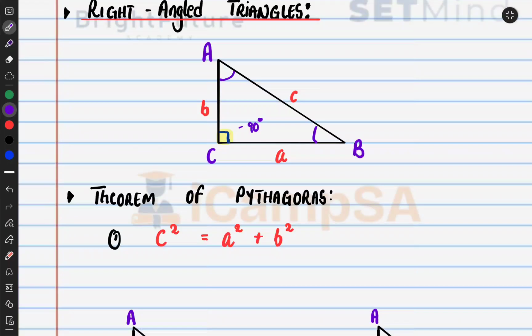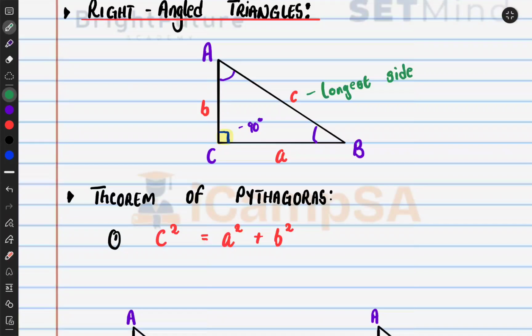So in writing, as you can see here, the longest side, which is C, and another thing about right angle triangles, the longest side will always be the hypotenuse side. Let me quickly write here, this is the longest side, which is the hypotenuse side, and it is facing the 90 degrees angle.